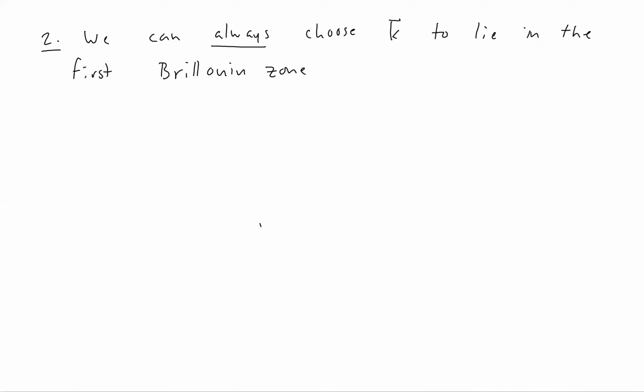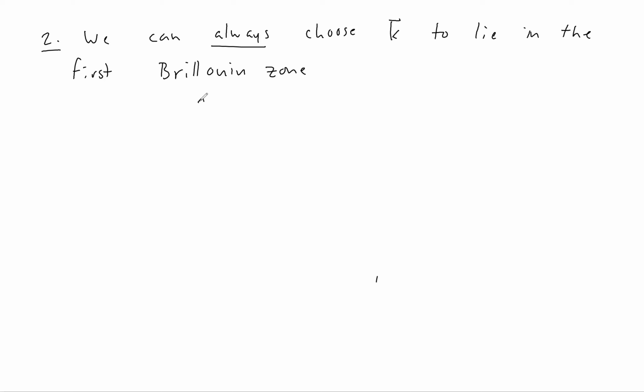On a fundamental level, that's because, remember, the first Brillouin zone essentially contains all the information about the crystal. It has a number of allowed wave vectors equal to the number of atoms, the number of sites in the crystal. More formally, you can see this in the following way.